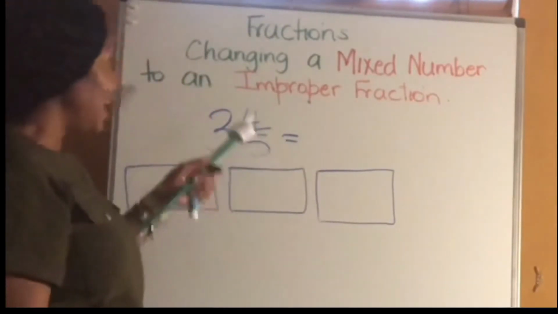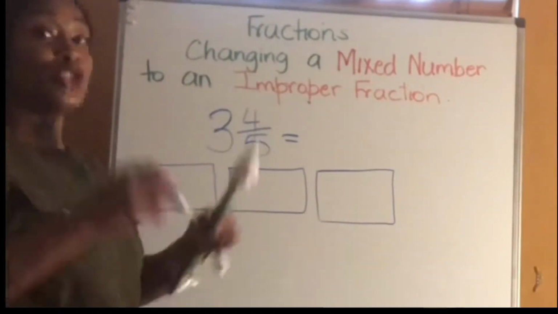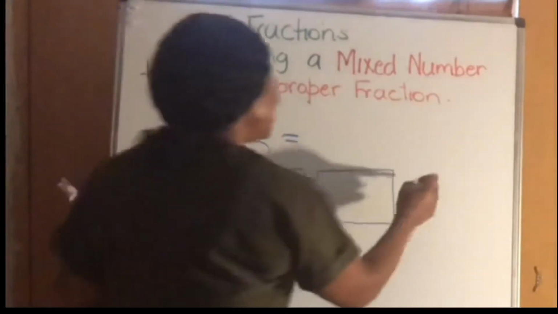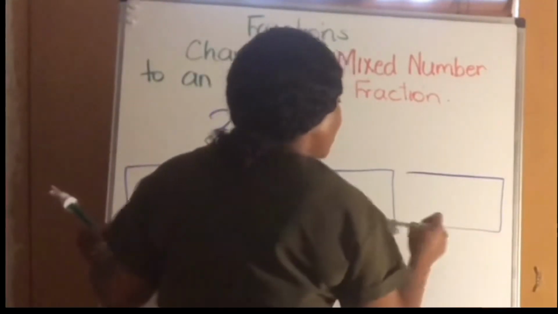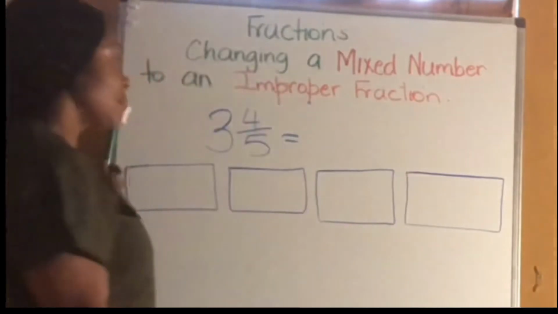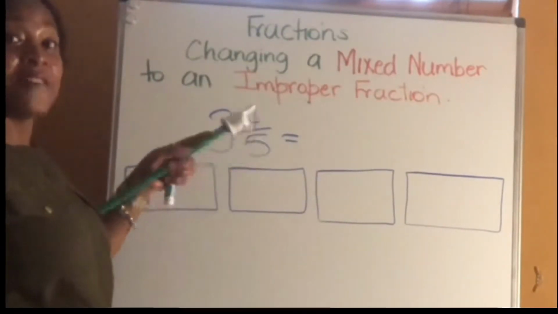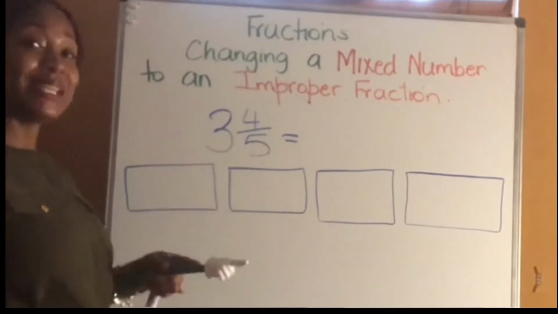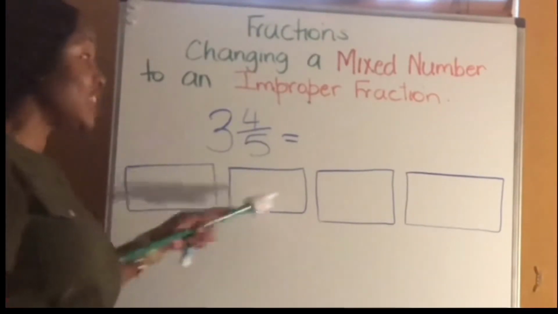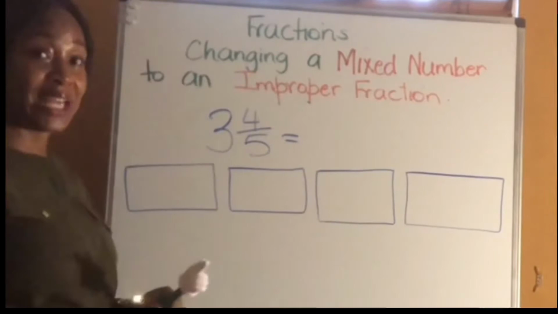And I still have 4/5, so I need to draw another shape to represent that part of the fraction. Now, my denominator is 5, so it is telling me how many parts each of my wholes is divided into.